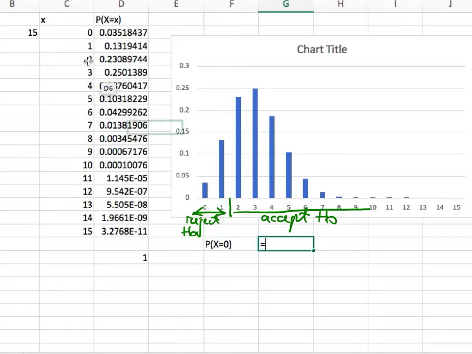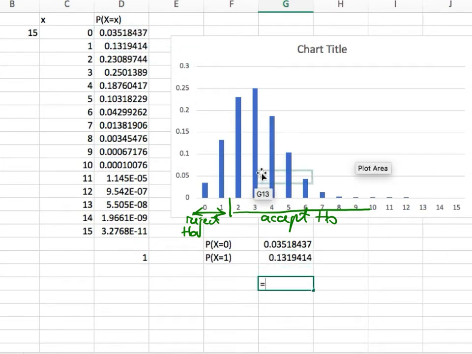Well, instead of calculating it, I copy it from another Excel cell where I calculated it before. So adding these two probabilities, of course you'll use your calculator, gives me the probability of a type 1 error.